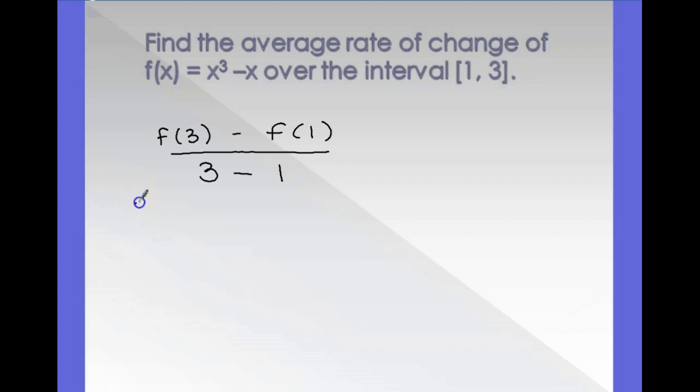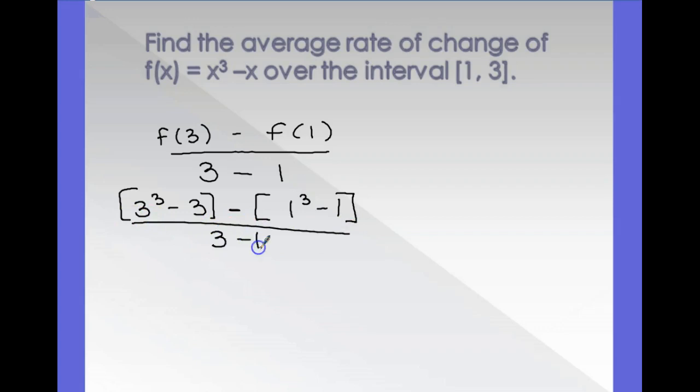So f of 3 is 3 cubed minus 3, minus f of 1, which is 1 cubed minus 1, all over 3 minus 1. So 3 cubed is 27 minus 3. 1 cubed is 1, and 1 minus 1 is 0, so it's like minus 0. 3 minus 1 is 2.